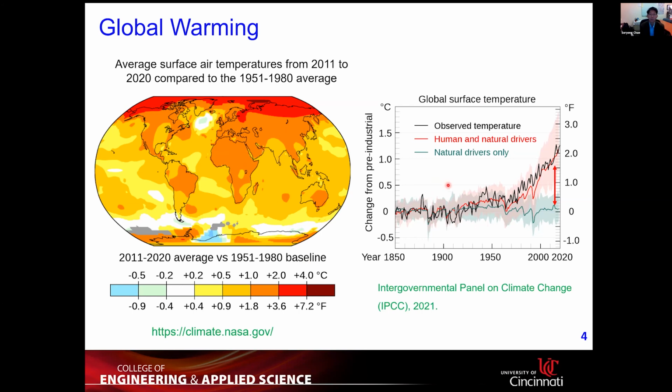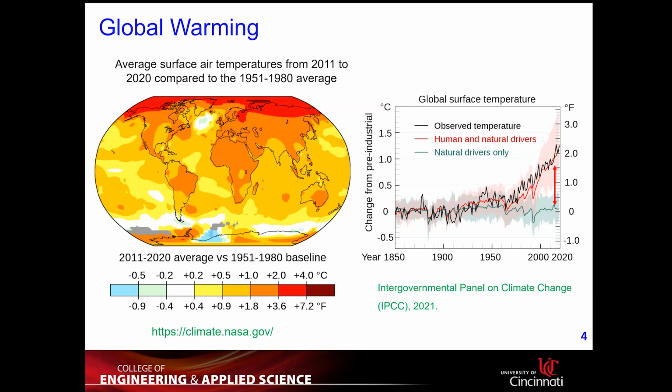Where does the temperature change come from? We can see this very long-term monitoring of global surface temperature. This green line indicates that without any industrial activities, nature keeps our temperature around a certain level, but humans added a temperature increase on top of that.